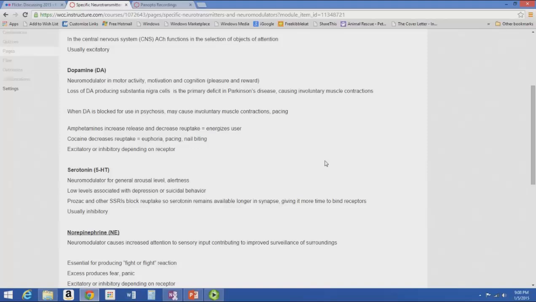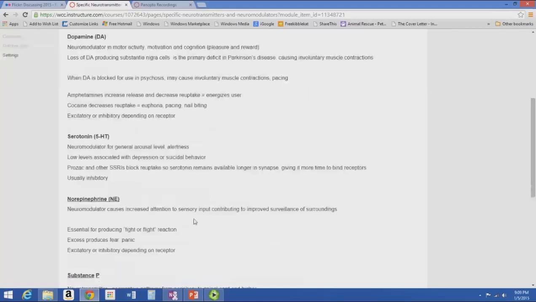It's usually an inhibitory neuromodulator. One of the things that they always say with those SSRIs is that they might cause suicidal behavior in teens or young adults. There's stuff going on with that. There's all this stuff going on in our brain, and serotonin affects it.